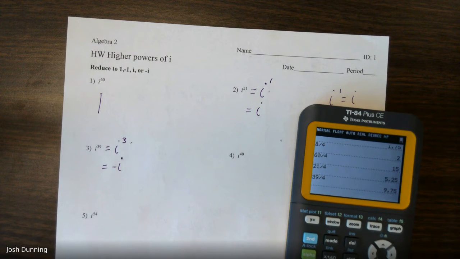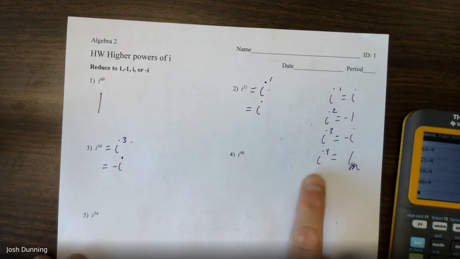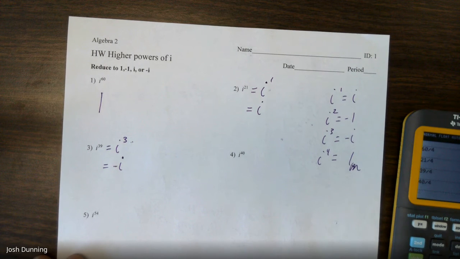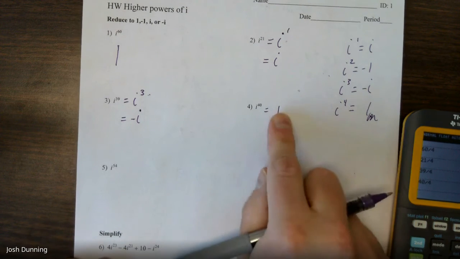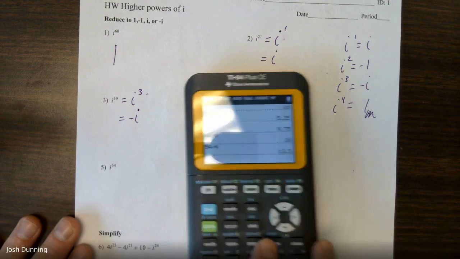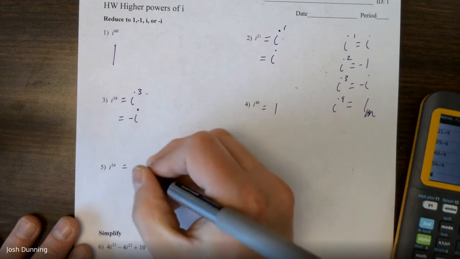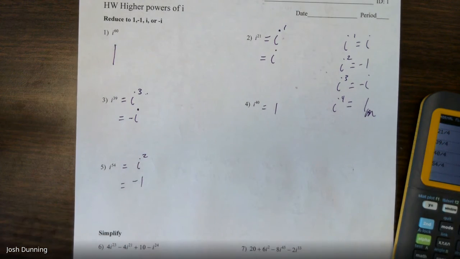i to the 40th, 40 divided by 4. Oh, no remainder again. So that's just a bunch of i to the fourths with nothing left over. 1, because 1 times 1 times 1 is still 1. 54 divided by 4. Oh, 50 cents is 2/4. So that's what's left over there. i squared, we just said over here, is -1.